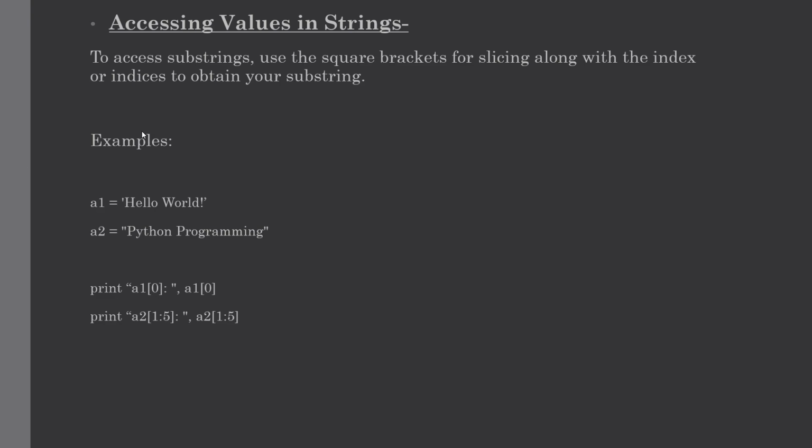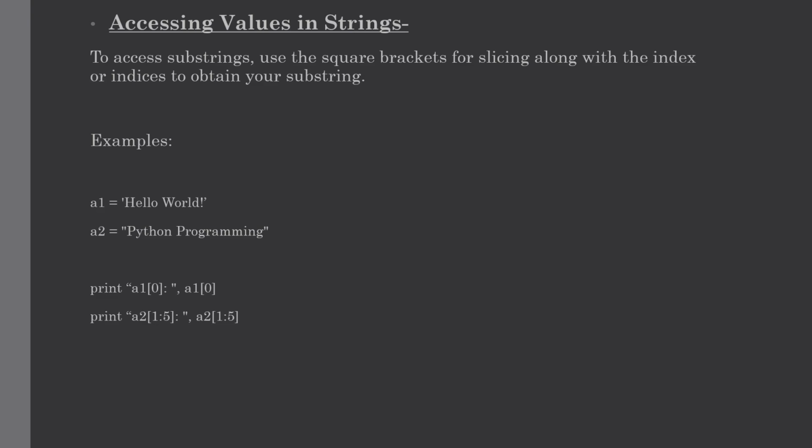So here are some examples. In this case, there are 2 variables that we have declared. One is hello world and the second is Python programming. In this first example, we are fetching the 0th place of the A1 string. In this case, the 0 place is H, so it will print the H letter.